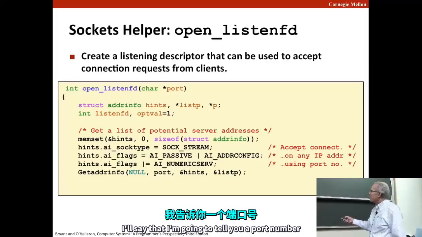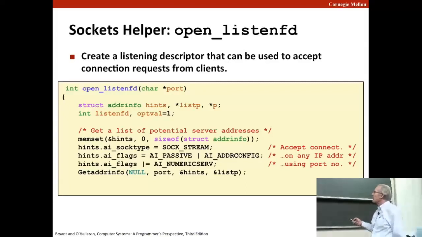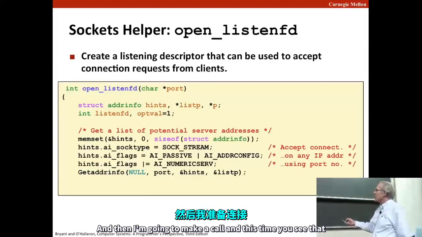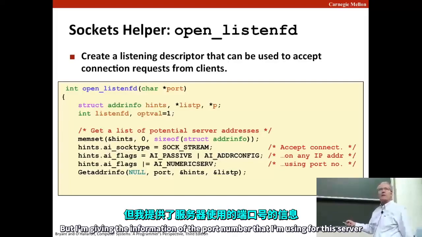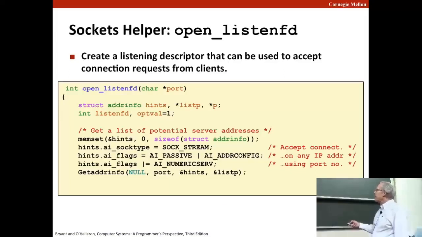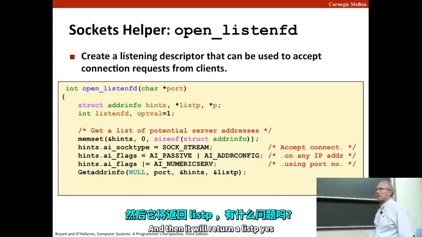I'll tell you a port number that I'm going to actually use as my server's port number. And then I'm going to make a call, and this time you see that I'm not giving any information about the host because I am the host, but I'm giving the information of the port number that I'm using for this server, and the other hints that I've just filled in, and then it will return a list p.